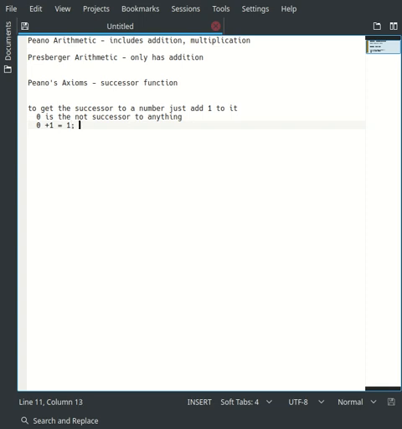Or the successor to 0 is 1. Okay. Now, in order to actually demonstrate how this extends, you need this. You really do need to define this. But it isn't defined.